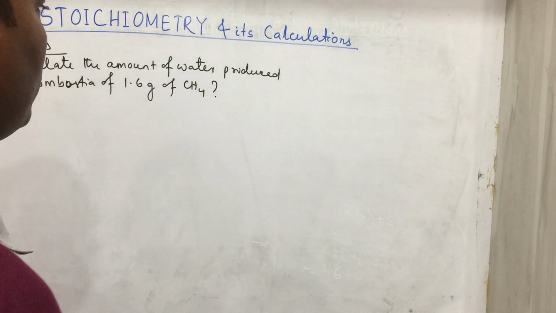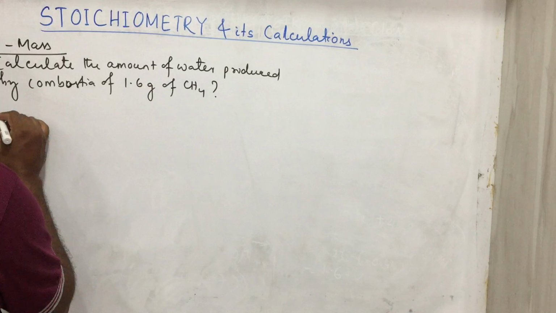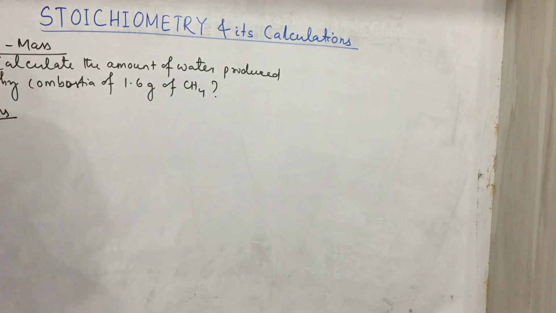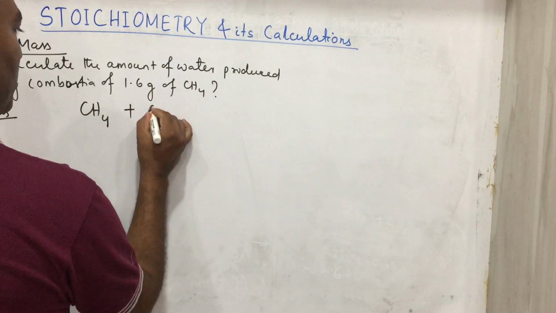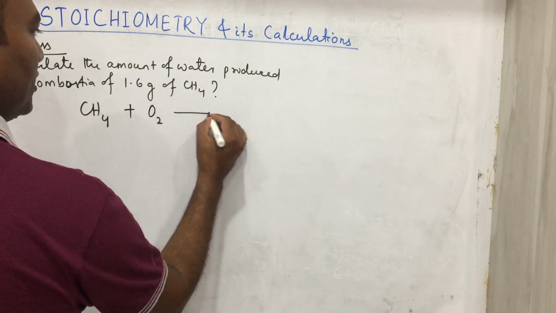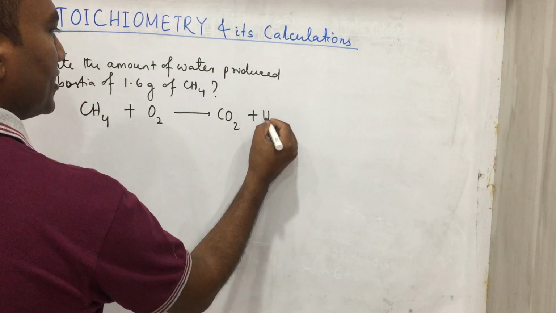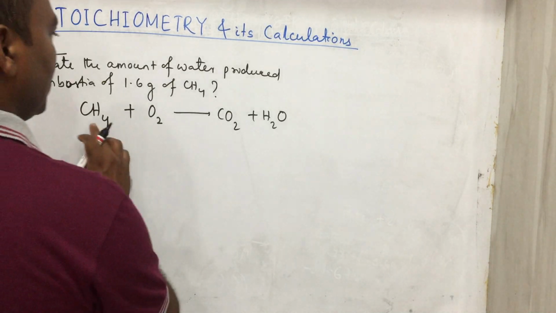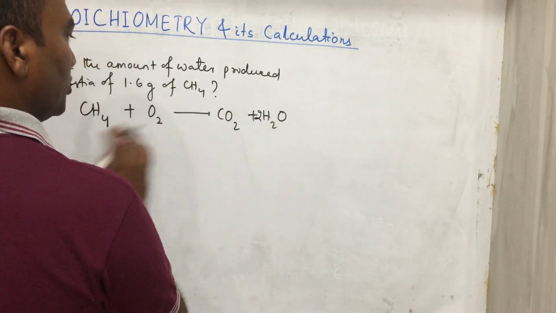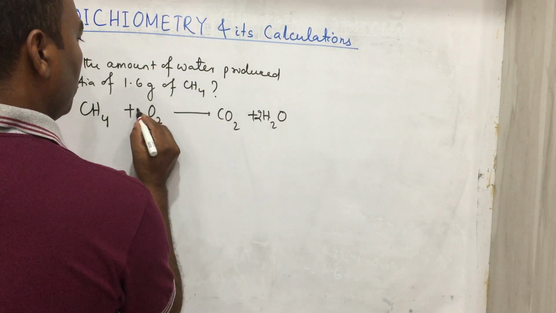So what is the first rule? I said write the skeletal equation which is given in the question. So methane when burnt in presence of oxygen gives carbon dioxide plus water. Then second, I said balance it. So for hydrogen 4, it is 2H2O, so oxygen 4, so it is 2O2.